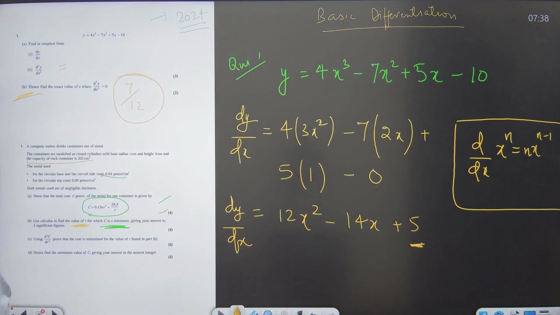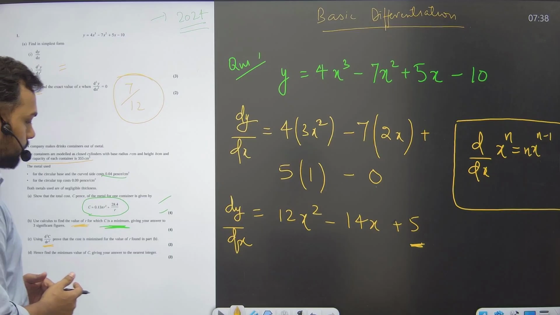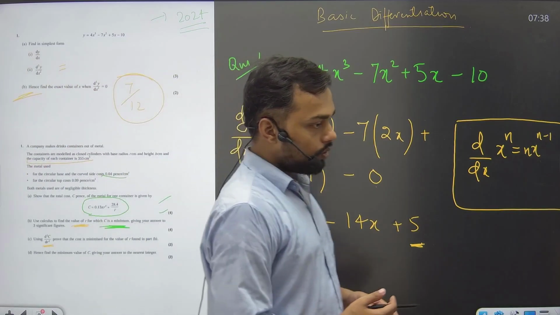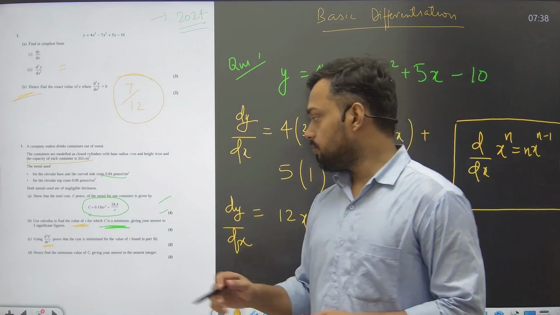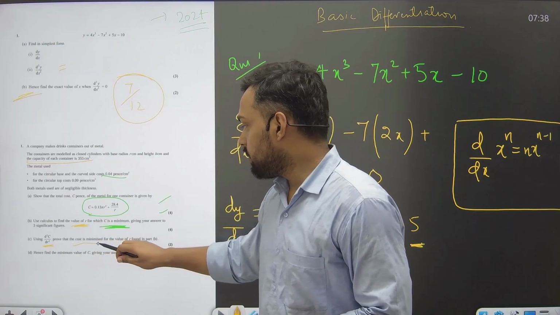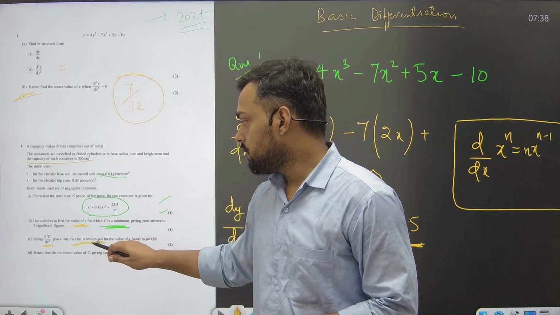Now in part C, using d2C by dr2, prove that the cost is minimized for the value of r found in part B. If we double differentiate the function, for a minimum value d2C by dr2 should be positive.